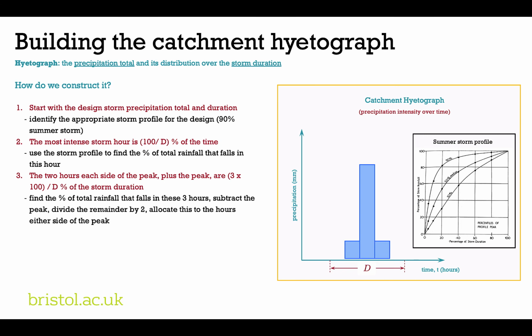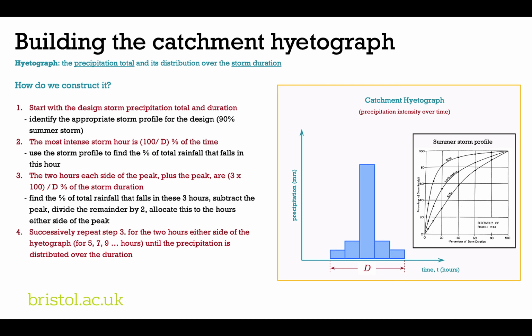The 2 hours each side of the peak plus the peak constitute 3 times 100 divided by d% of the storm duration. So you then need to find the percentage of the total rainfall that falls in those 3 hours, subtract the precipitation total that you've already calculated in the peak, divide the remainder by 2 and allocate this to the hours either side of the peak.